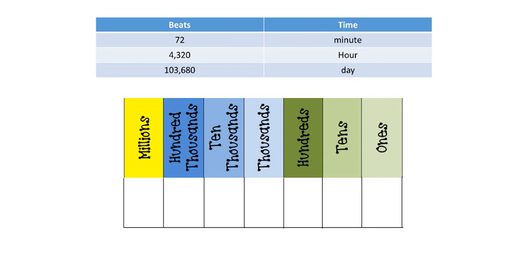It says that for every minute we have 72 beats, which is this one here. For every hour we have 4,320, and every day a normal heart beats 103,680.